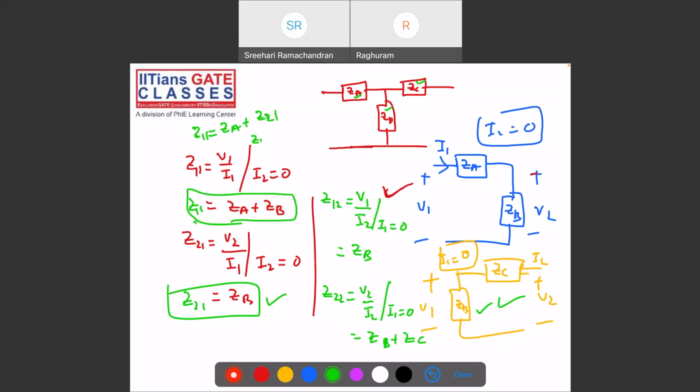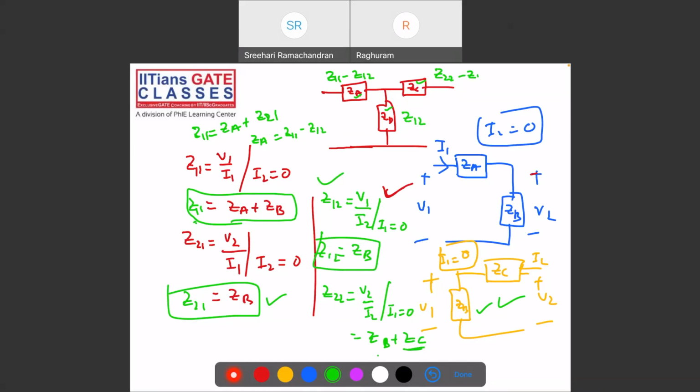So ZA can be written as Z11 minus Z12 or Z21 because it's a reciprocal network. ZB is equal to Z12 or Z21, both are the same. ZC is equal to Z22 minus Z21 or Z12. Understood how I got this?